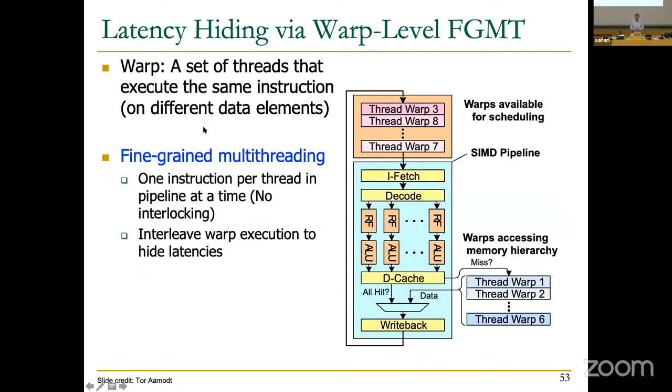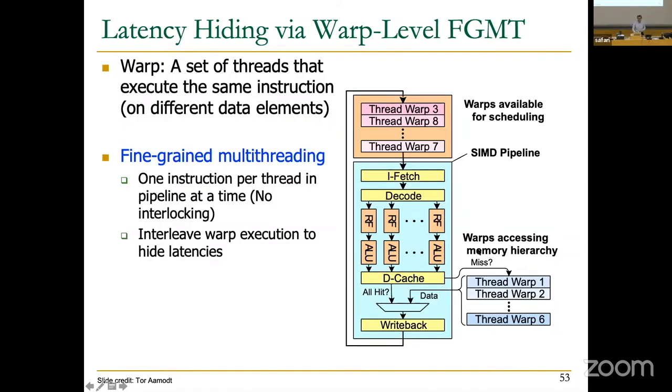So what is the benefit of this warp-level fine-grained multithreading? We've already discussed warps, but basically you have one instruction per thread in the pipeline at a time. So the pipeline is very simple, no interlocking. This gives you a little bit more detail. You have these warps available for scheduling. You have a SIMD pipeline. And then, we didn't talk about memory hierarchy that much, but in fine-grained multithreading, memory hierarchy is handled nicely also. If you get a cache miss, you get out of the way.